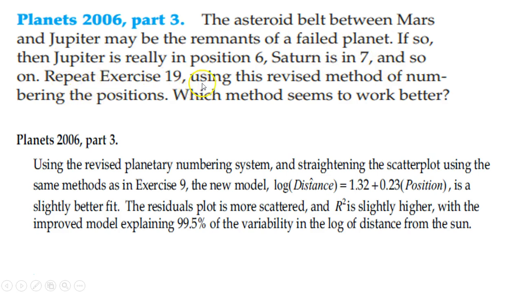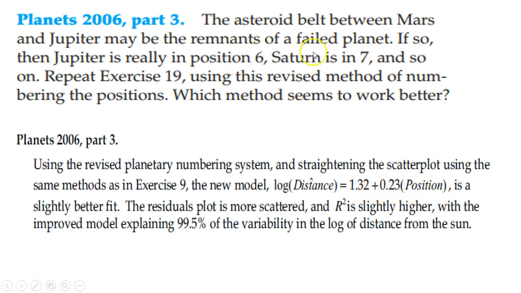So what it's saying here is, using this revised method, knowing that there's a planet, we would have to figure out where that asteroid belt is to place it in there. But the point is, what they're suggesting is the new model is right here. If we just skipped that and pushed everything back, so we no longer have those positions, and it's like there's a gap position there, and it says 1.32, which is what it would be.